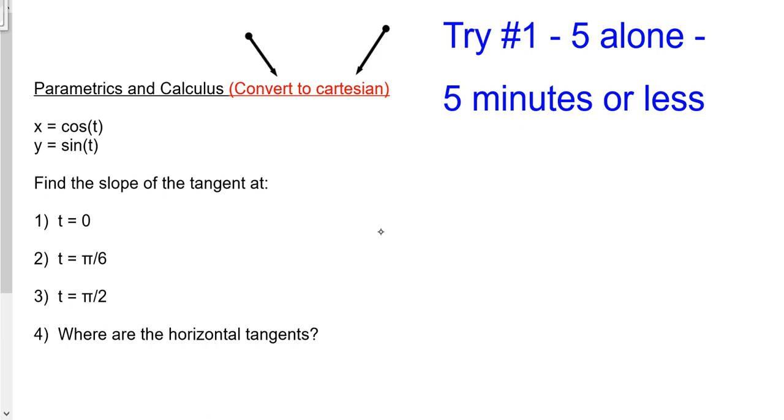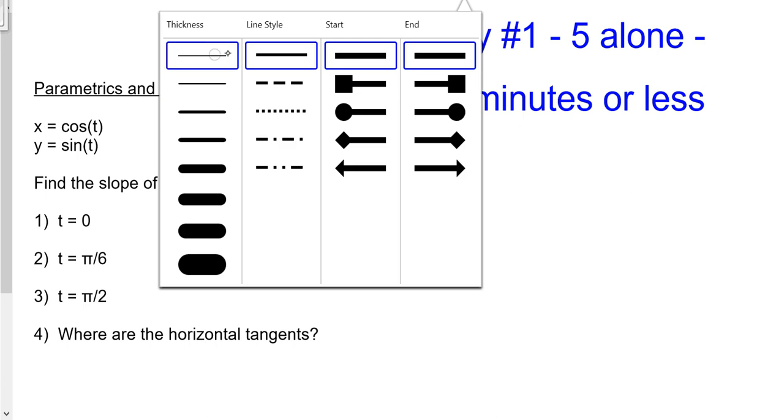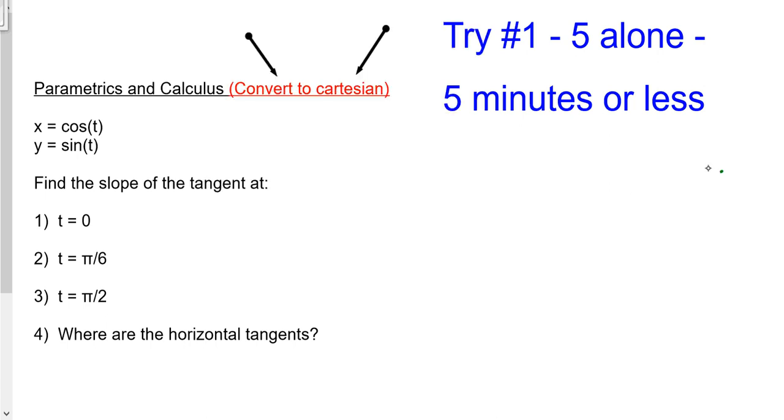What I'm asking you to do here, as the arrows indicate, is to convert this first to Cartesian coordinates. Cartesian coordinates are credited to Rene Descartes, which is why they're called Cartesian, and they are just our regular XY coordinates. You would do this by thinking about trig identities that you know.